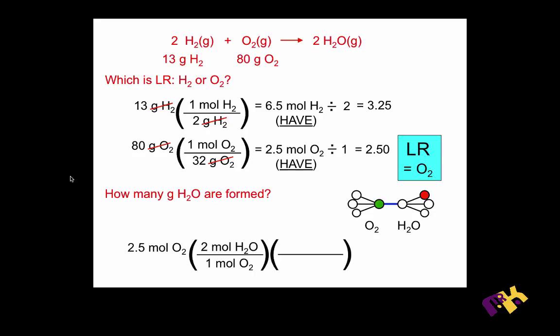Moles of water on top. And then finally, we need to get into grams of water. Molar mass of water is 18 grams per mole. So moles of water cancels on the bottom, left with grams of water on top. And how many grams of water did we make here? Yeah, right around 90 grams of water.